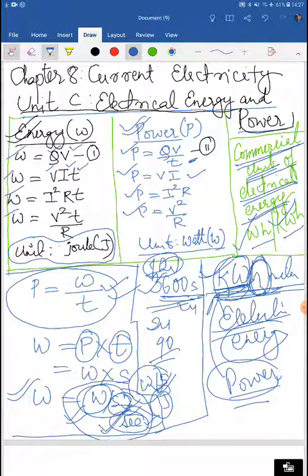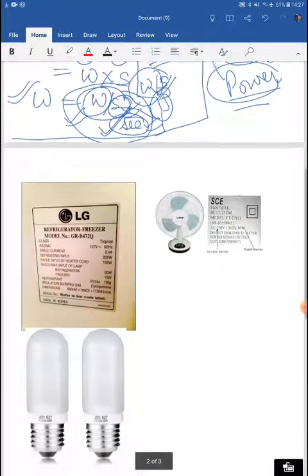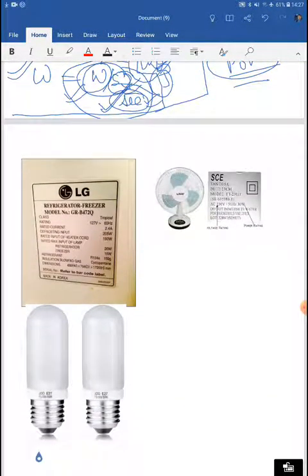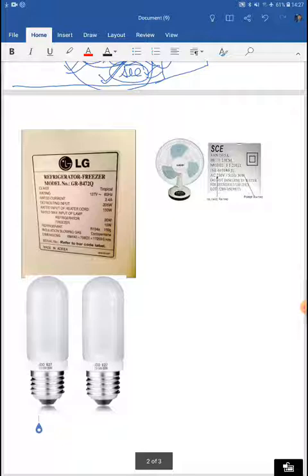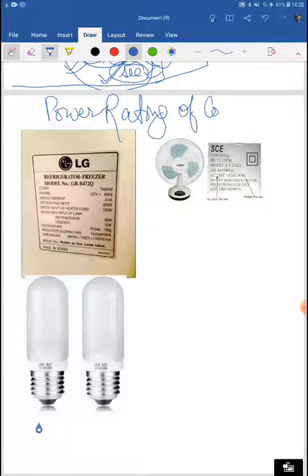Okay, now we have last topic left in this chapter, that is called power rating. What is it? Power rating. So I have here taken 3 examples of power rating. So we are now learning power rating of some common electrical appliances.